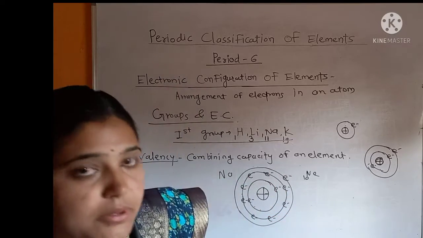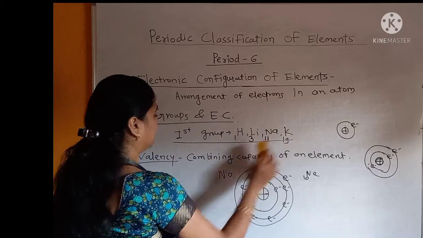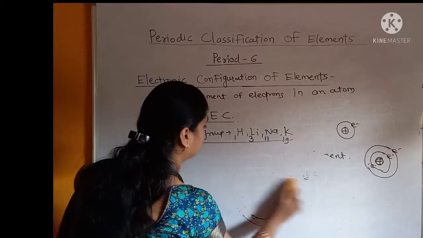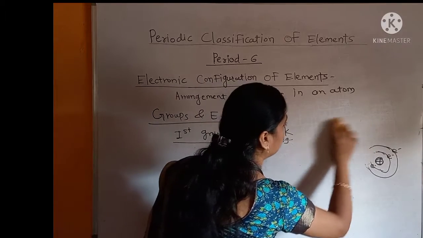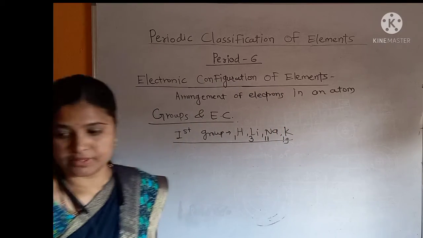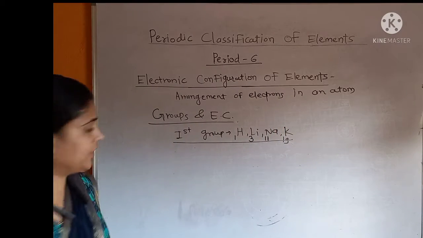Which are the second group elements? Beryllium, magnesium, calcium and strontium.